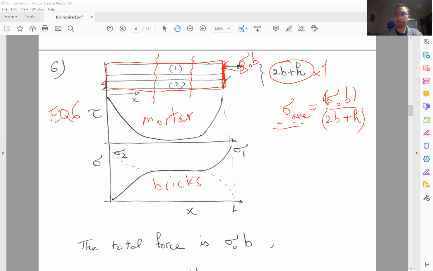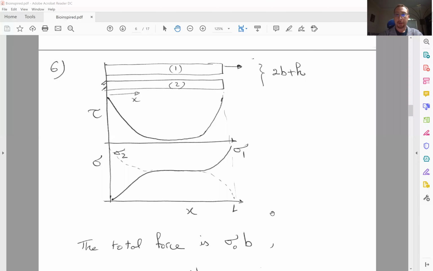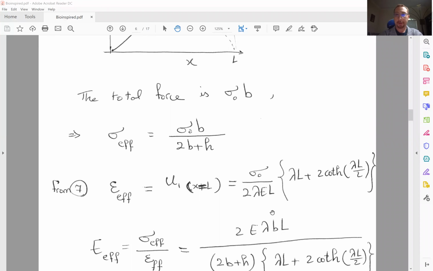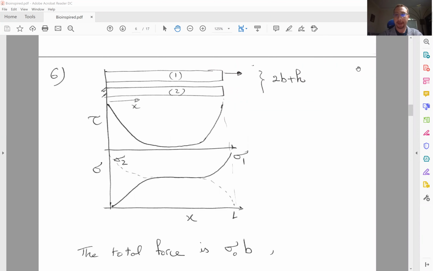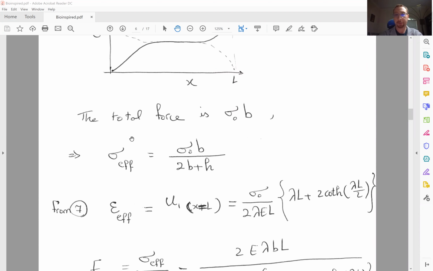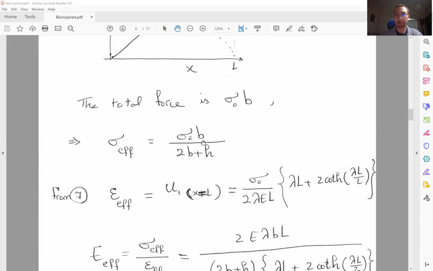So this area allows us to calculate the average or effective stress in the tablets, which is going to be this much. And we can also calculate the effective strain, or average strain, in the tablet.